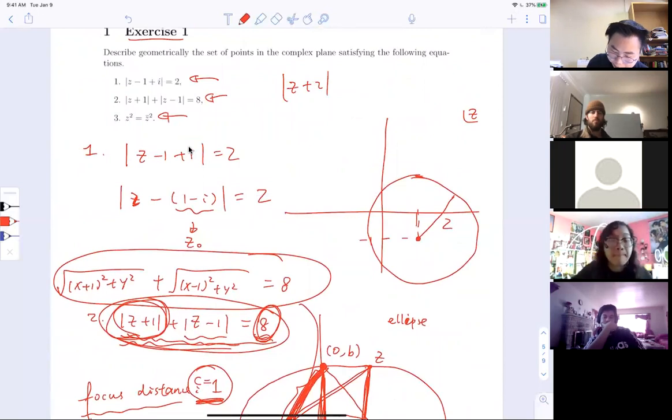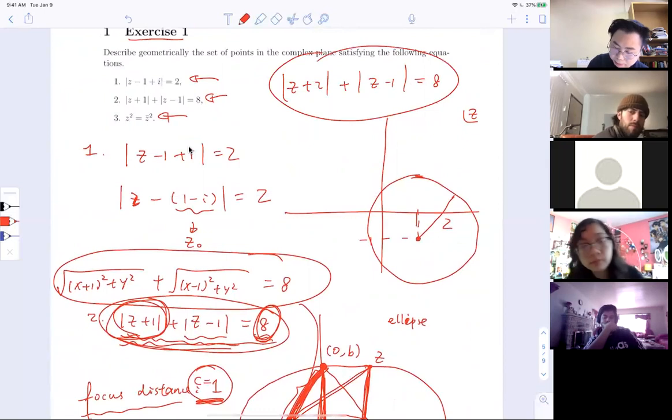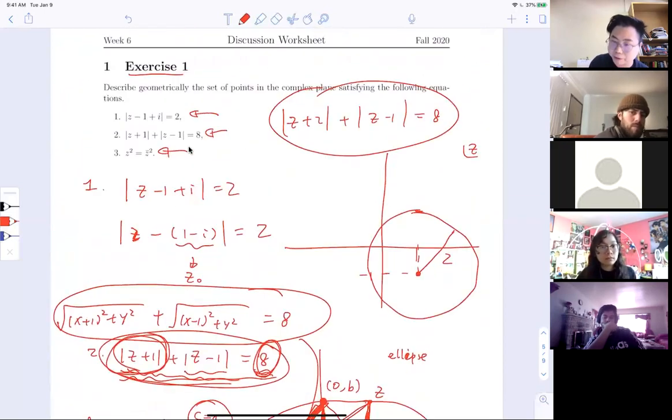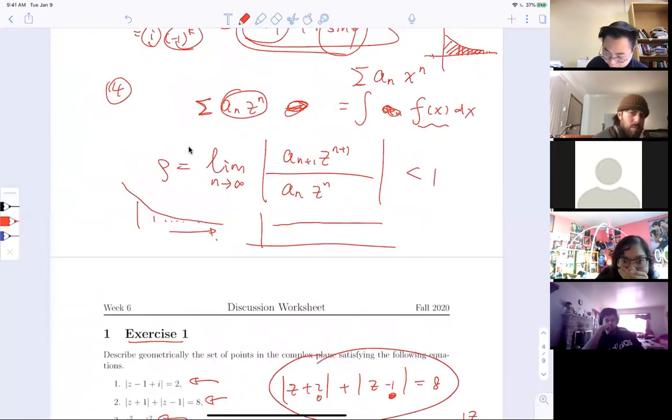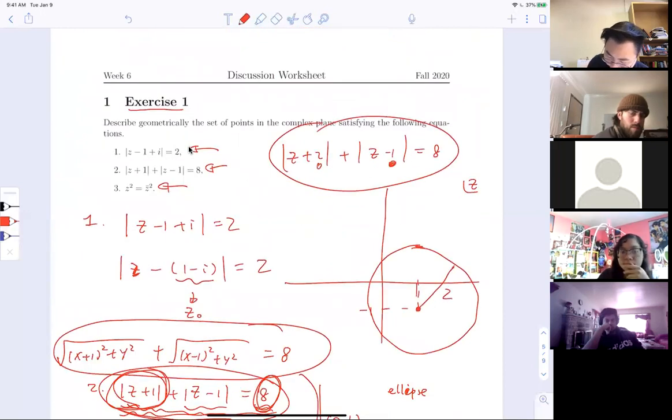If z plus 2 and z minus 1, are you saying like this? Yeah. Then you just need to shift the coordinate a little bit to make this number the opposite of this number, right? So then it'll still be an ellipse with focal length 1, but it just won't be centered at the origin. In this case, the focal length is 3/2.